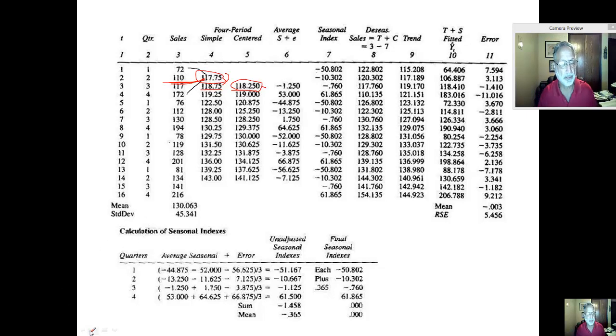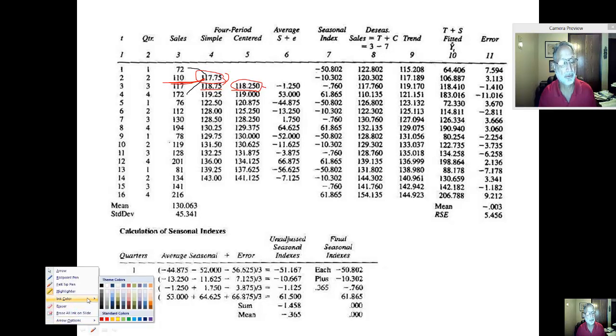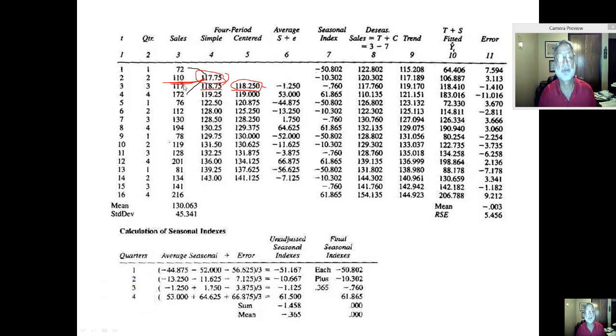Now, coming down here, let's remember that we're additive, and let's change the color here so that we can see it a little bit better. Notice this is my centered moving average right here, centered on quarter 3. So what am I going to do with it? I'm going to take the trend out. In multiplicative, I took it out by dividing.